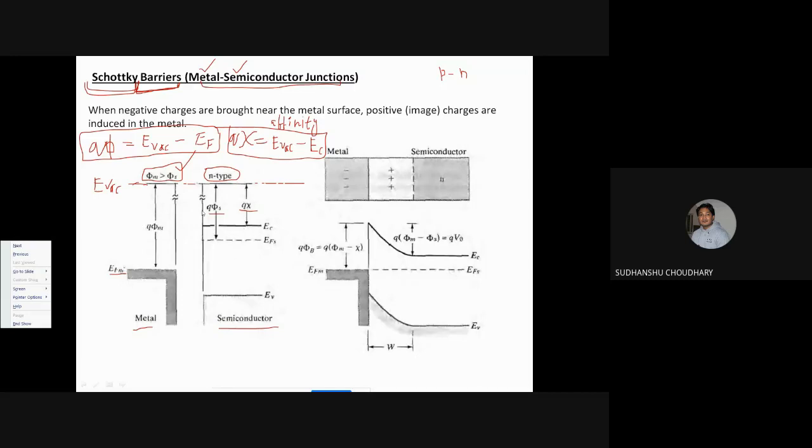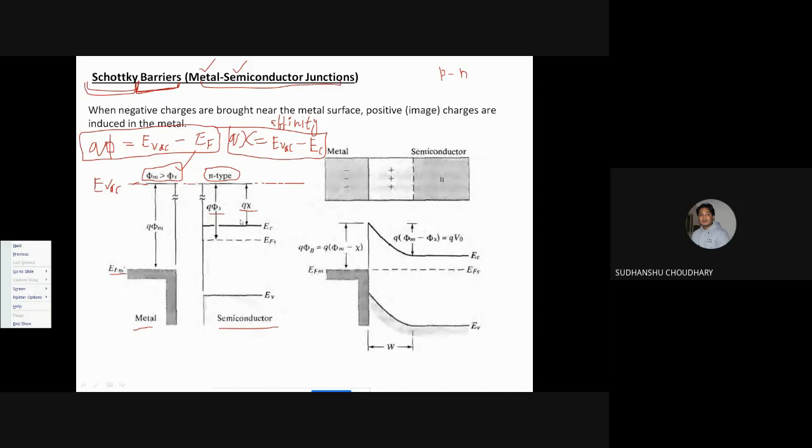Now, having all this information, let us try to contact these two materials, that is, metal and semiconductor. When the metal and semiconductor, or any two materials, are contacted together, Fermi level alignment happens. That is, carrier transport from both sides starts so that the Fermi level is aligned. Here in this case, you will notice that the average energy of the electron in the semiconductor side is greater than the average energy of the electron in the metal side.